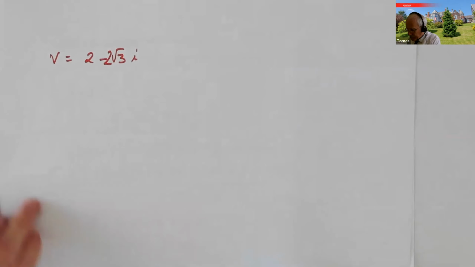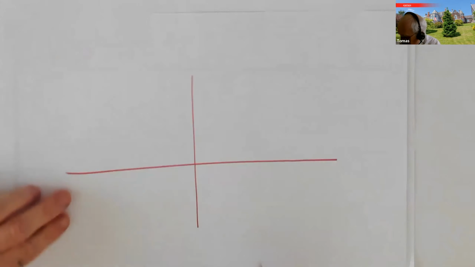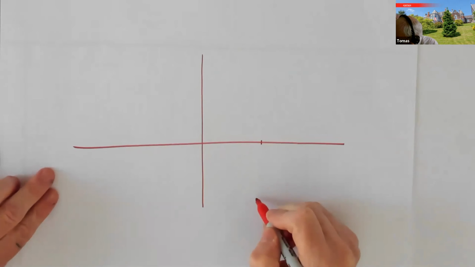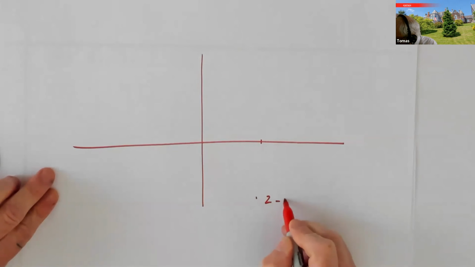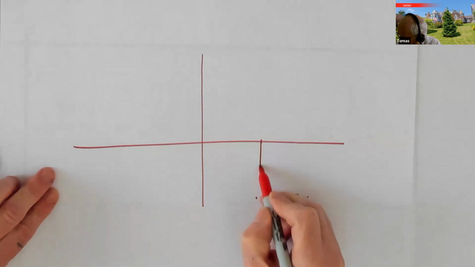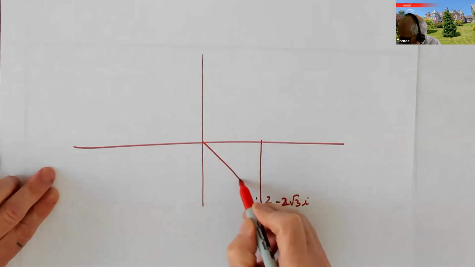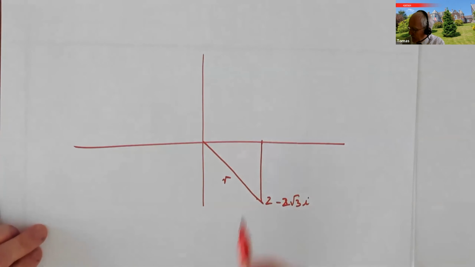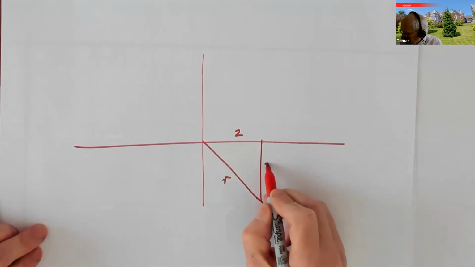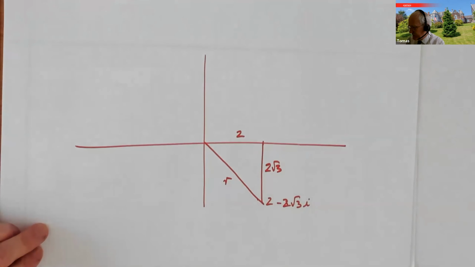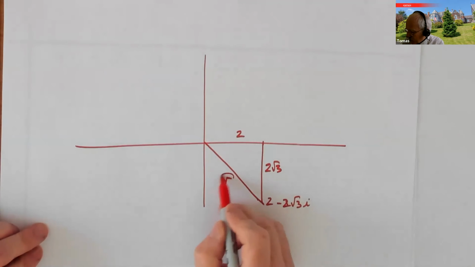But we say 2 minus, so 2 is positive, minus 2 root 3i is down here, 2 minus 2 root 3i, and your job is to find what that value there is. We know that that's 2, we know that that's 2 root 3 in terms of size, we know it's minus, and we then have to work out what that r value is.